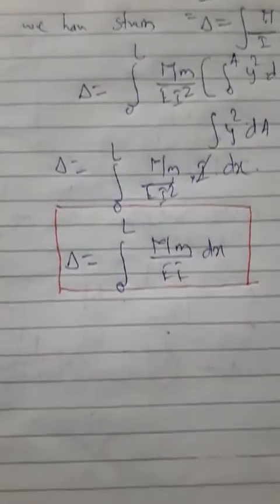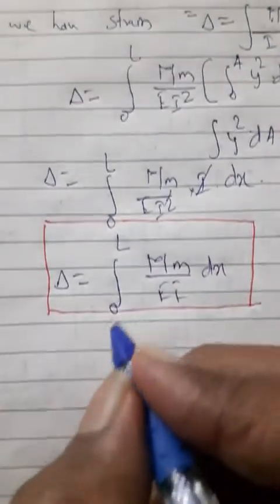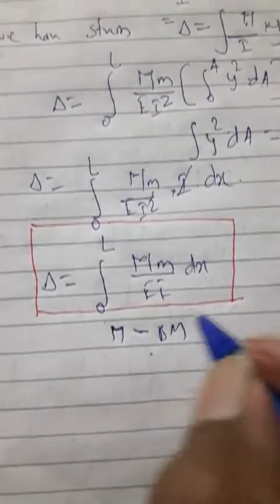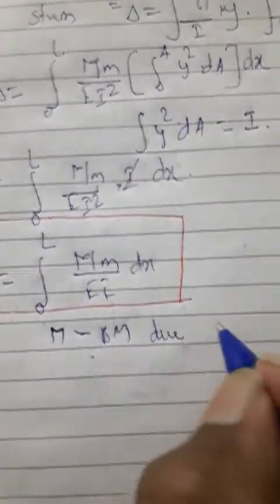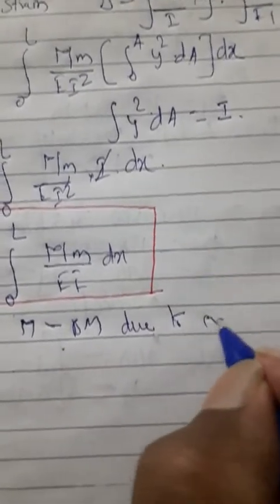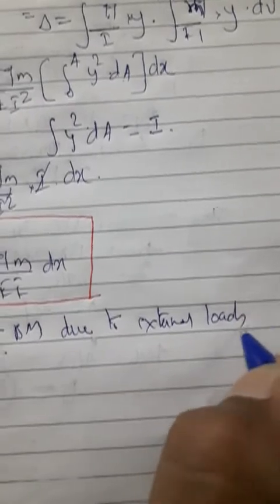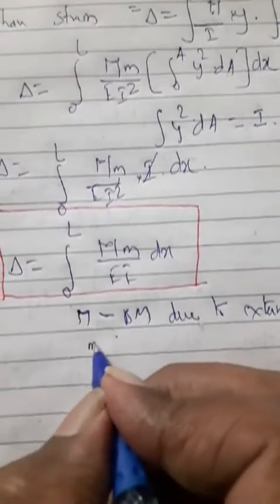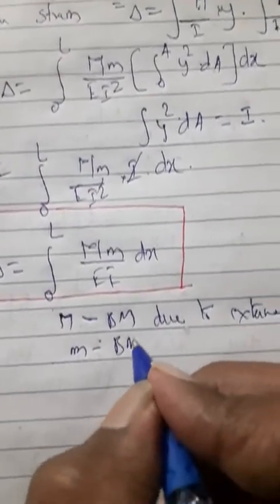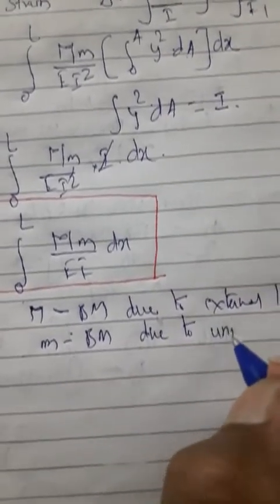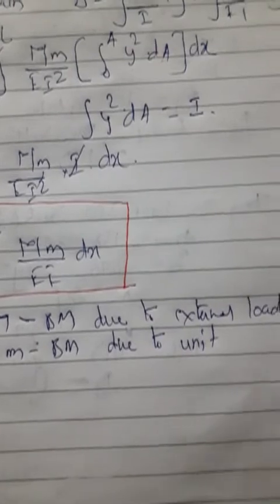So what this says is, here capital M is the bending moment due to external loads, small m is the bending moment due to unit load.